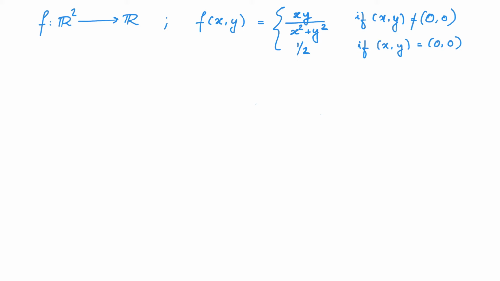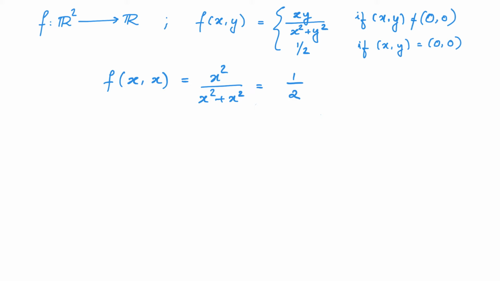This is because if you take any point on the line y is equal to x, then the value of the function at this point, assuming that x is not equal to 0, is equal to x square by x square plus x square, which is equal to half. And this is why I had defined the value at (0, 0) as half. And of course, you can find such points that are arbitrarily close to the origin. Therefore, the continuity has to fail.